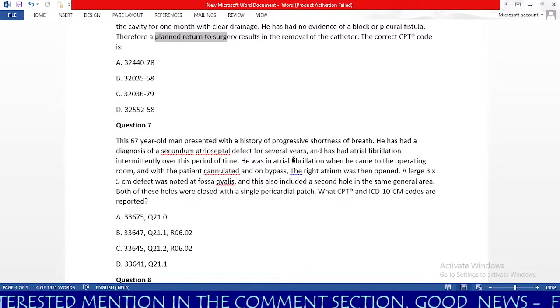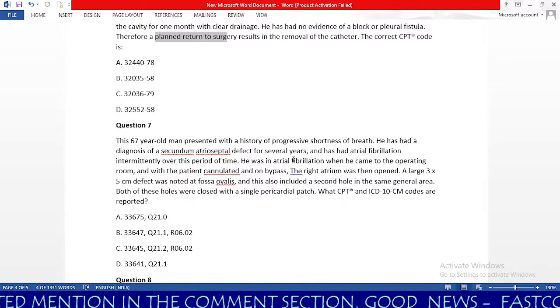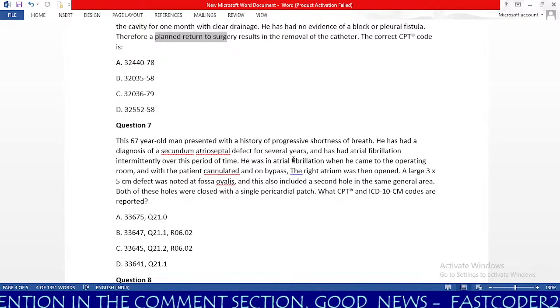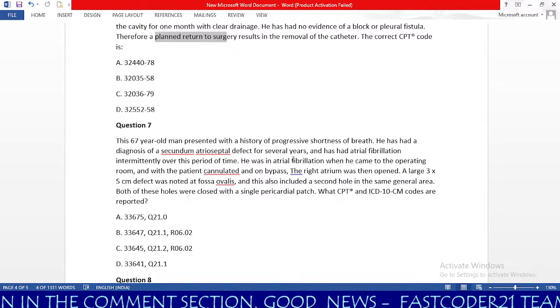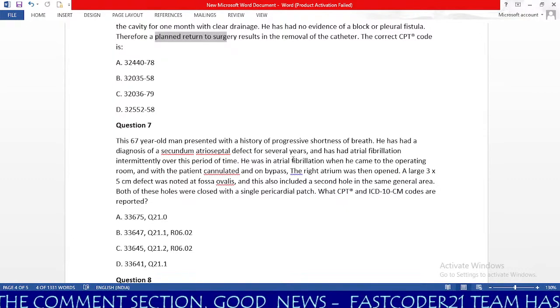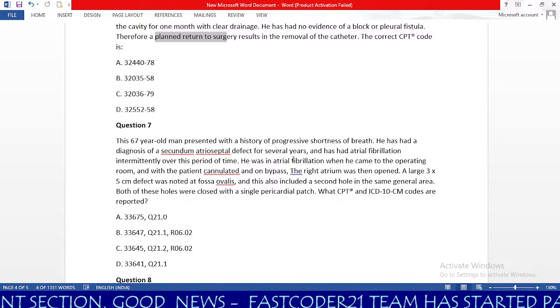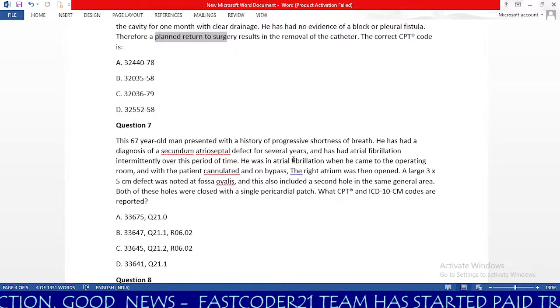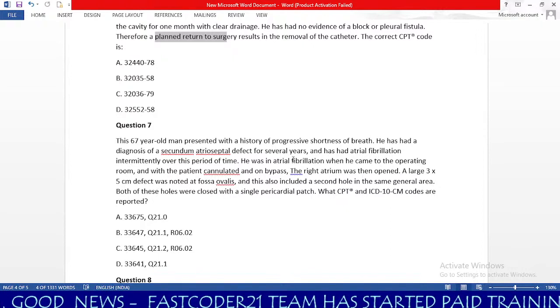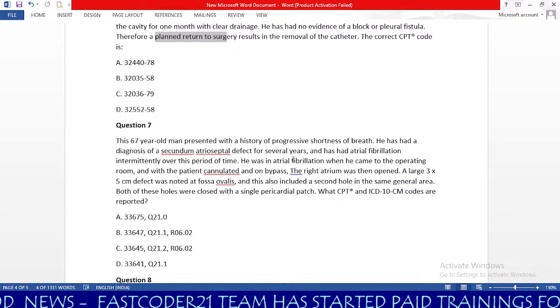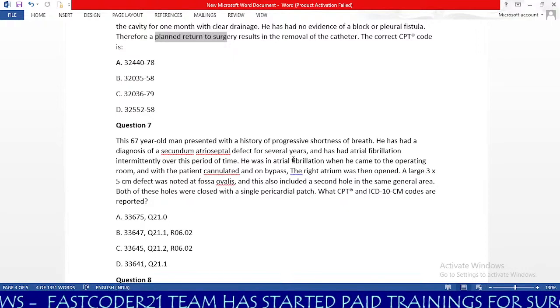So we will check. Basically here the patient has atrial septal defect. So here we will eliminate A and C. A and C are not for atrial septal defect. The surgery was only performed on the atrial septum, so we will eliminate B. So here our answer is 33641.